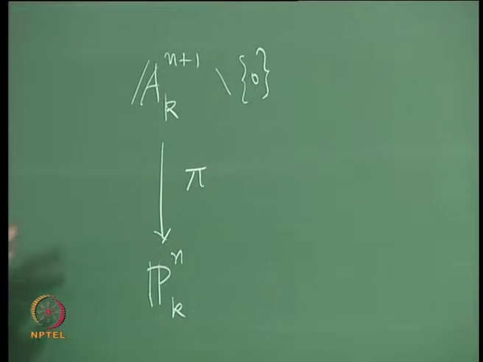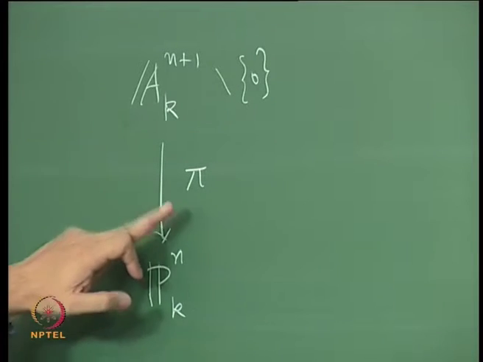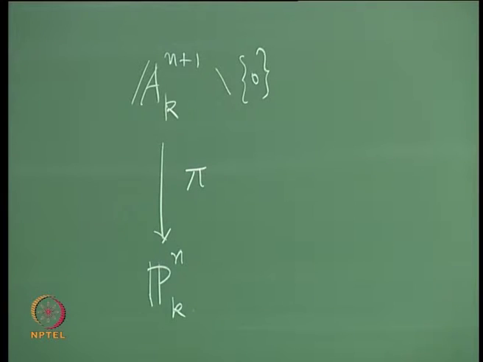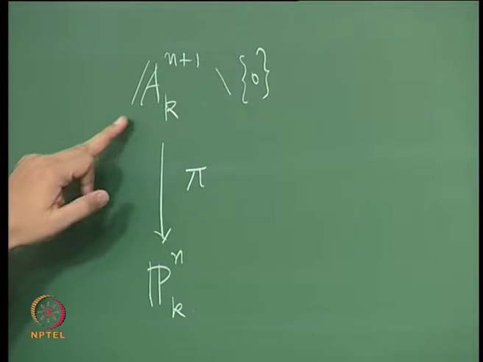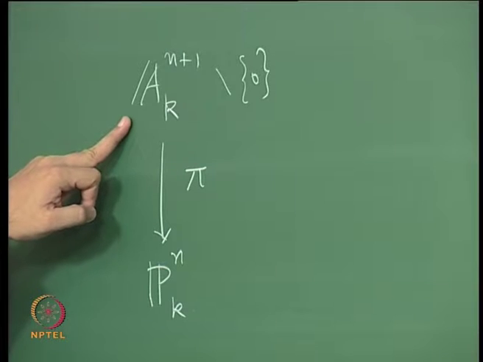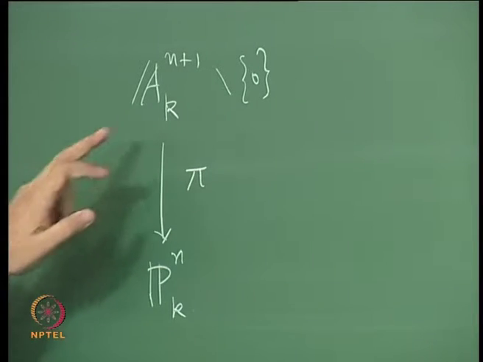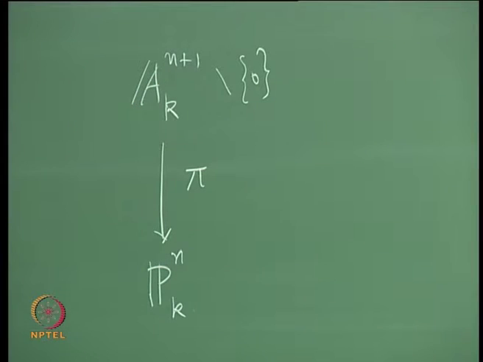One is to take the quotient topology given by this map pi, which makes use of the Zariski topology above. The second way of giving the Zariski topology on projective space is to declare closed sets to be of the form given by common zero loci of a bunch of homogeneous polynomials in n plus 1 variables.